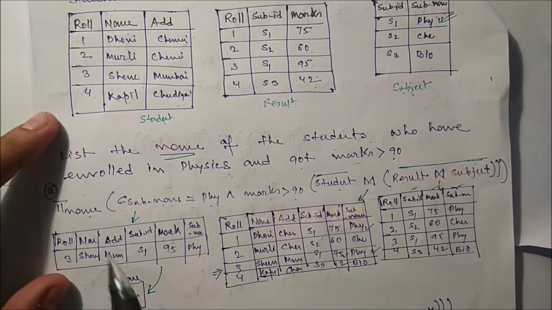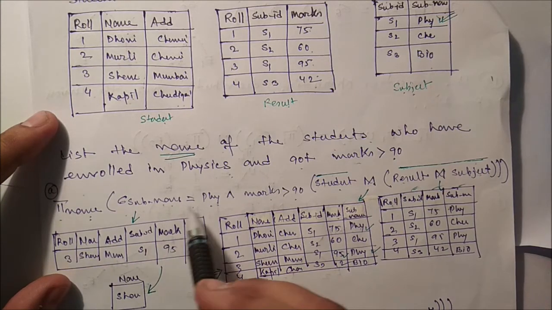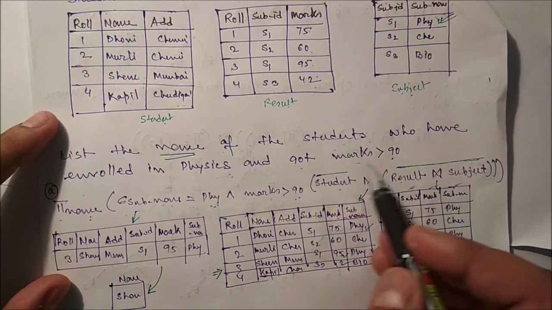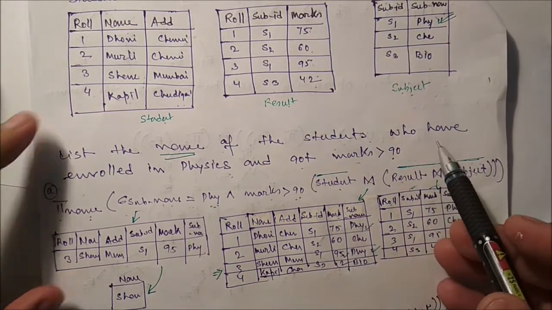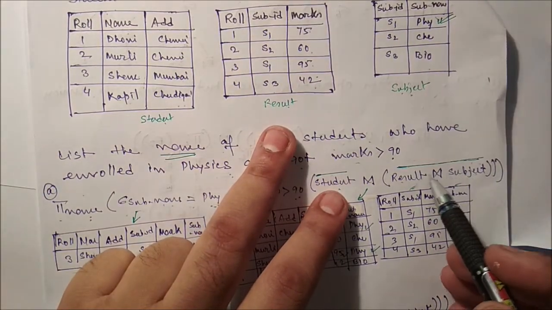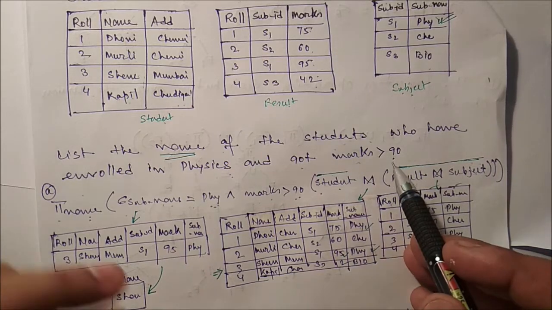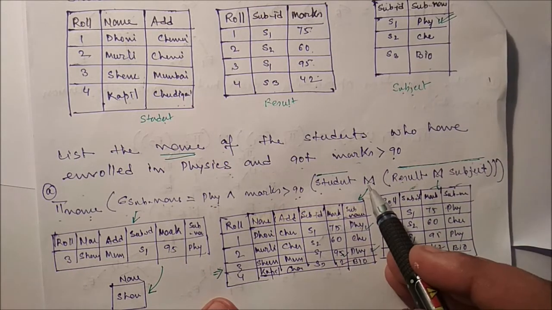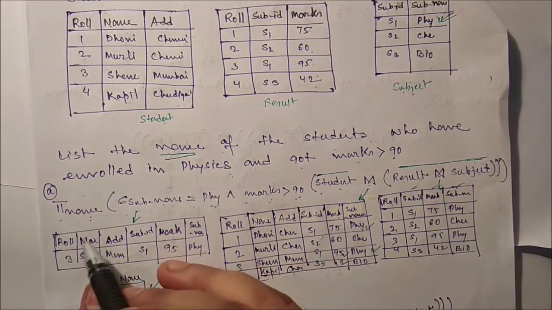We need only the name, so we need pi name, with the condition subject name is equal to physics and marks is greater than 90. We apply the join operation: we can join result with subject first, then the resultant with student, and from this intermediate table we apply this condition, and from that we need the name.